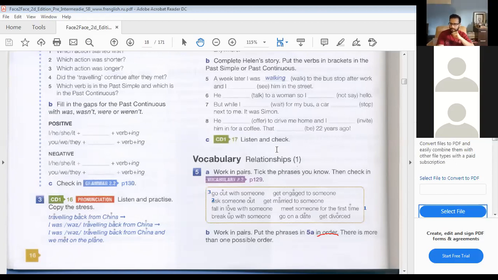Okay, what about number 4? Number 4, go on a date. Okay, so go on a date is number 4. Fall in love with someone.